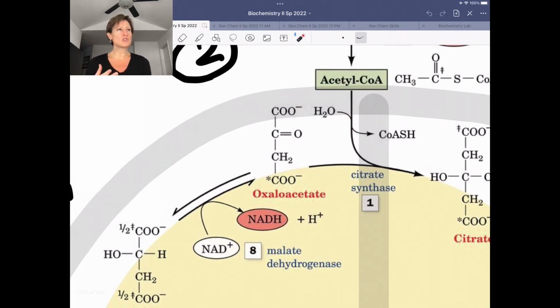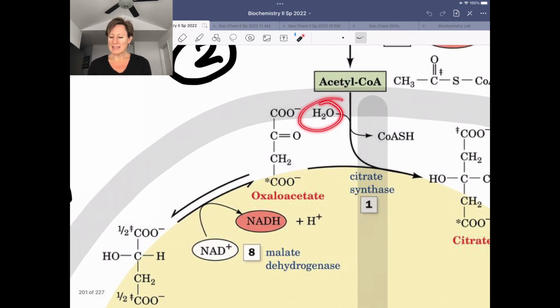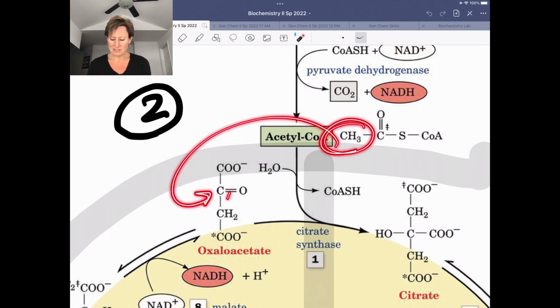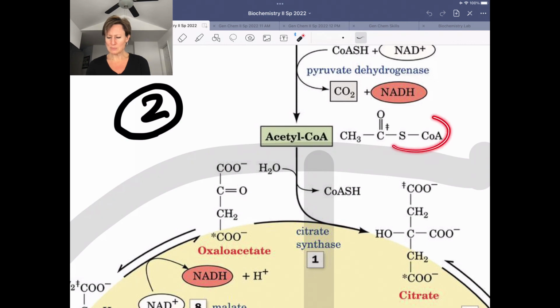So part of why I do these walkthroughs is to show you all the different places where we're going to see certain reagents or cofactors or things like that. So when we do this coupling chemistry, remember I showed you that this is going to be a nucleophile. It's going to nucleophilically attack this, and we're going to then protonate this guy to make our alcohol there. Well, at this point, it's still actually attached to our CoA.